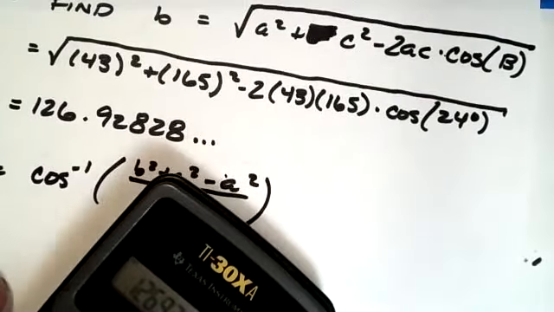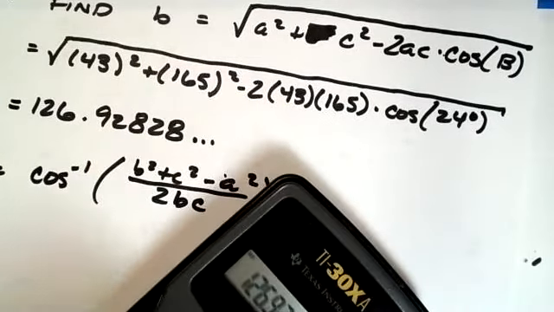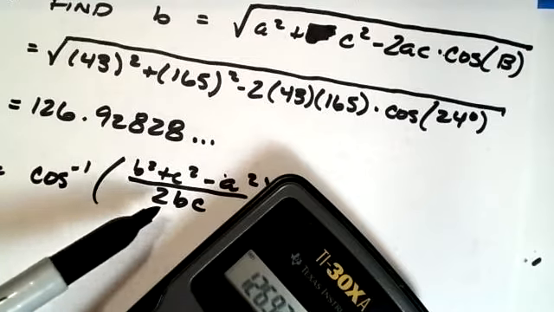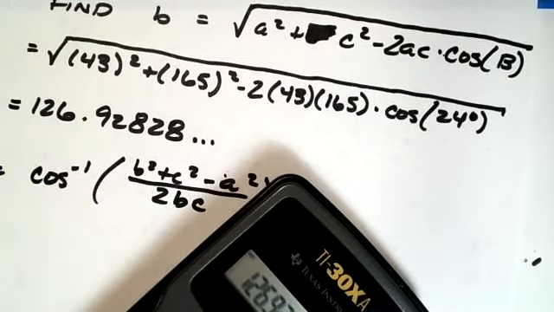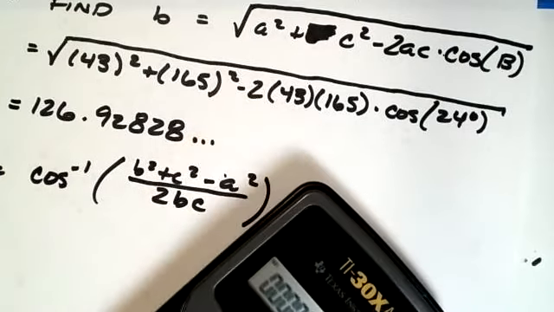Now remember, this number I have stored is side b. It's the one that I'll need for all of them. So I've got b times c times 2. So b times 165 times 2. So that's the denominator. I'll take the reciprocal.